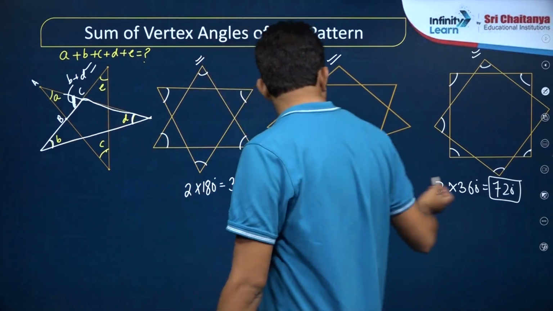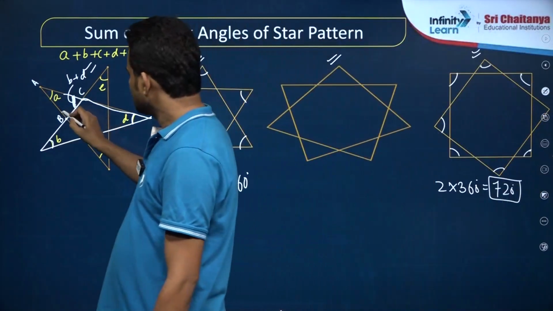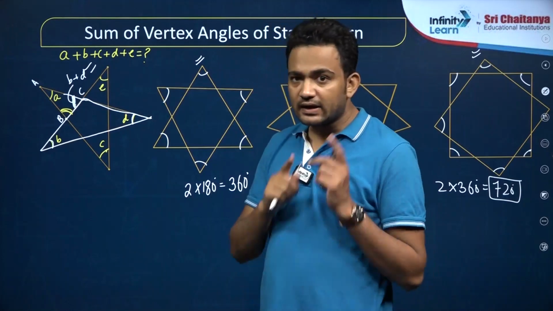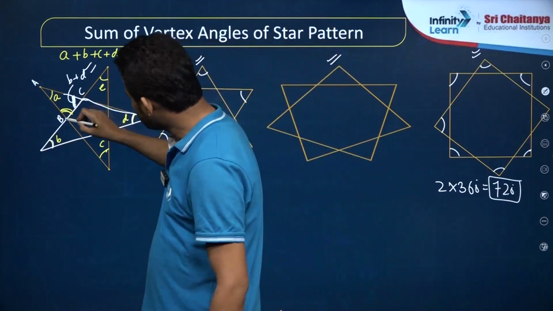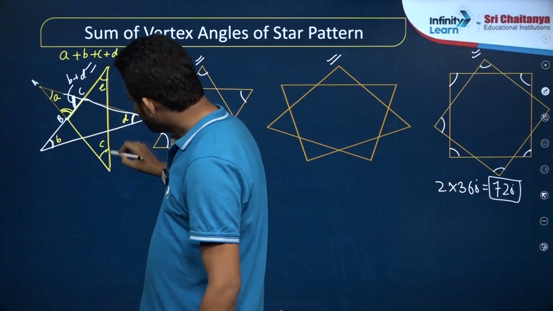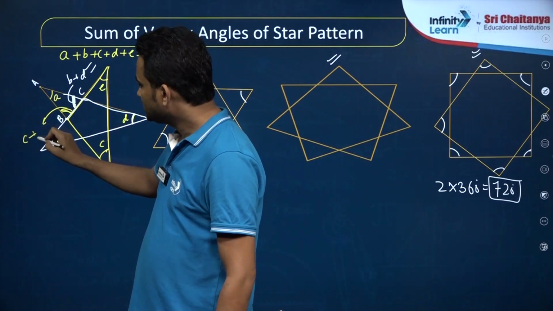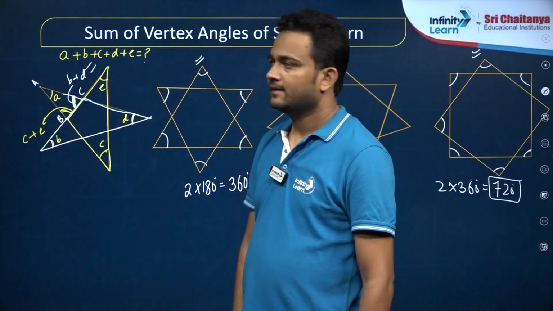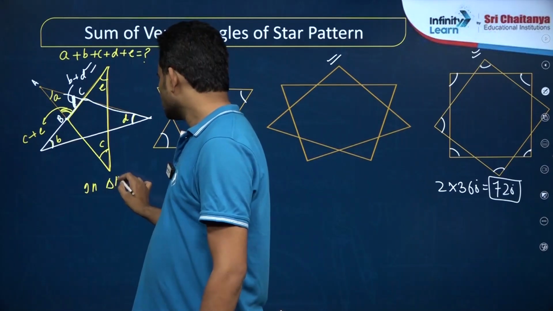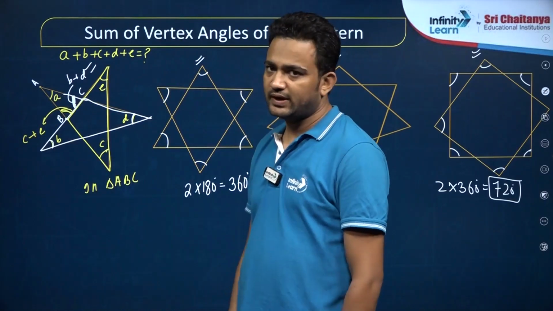Similarly guys, use the same method and tell me the measurement of this angle. Yes, you can, but the triangle will be different. Just focus on this triangle. So this is E, this is C. So this exterior angle should be equal to C plus E. Now in triangle ABC, add the measurement of vertex angles.